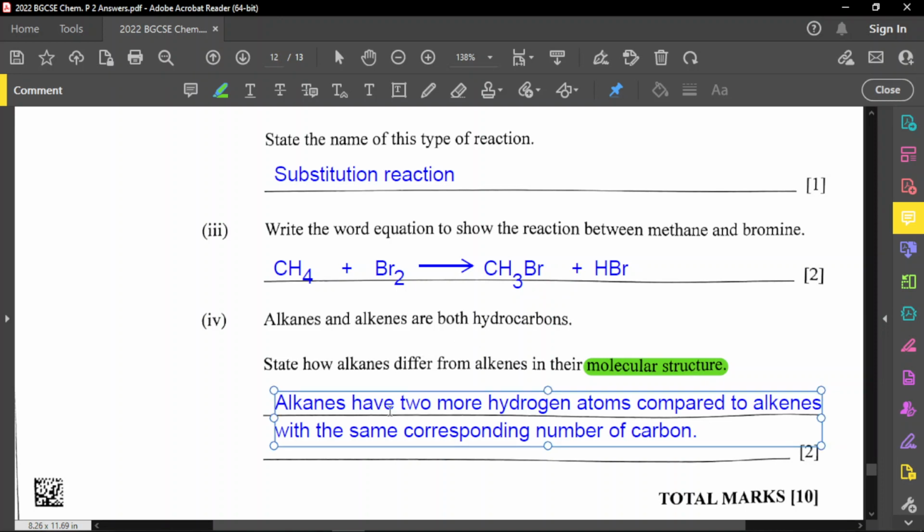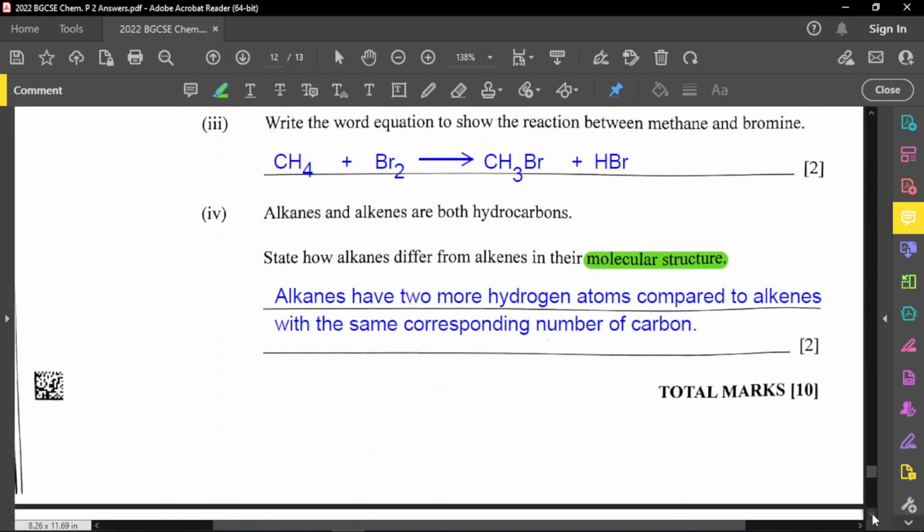And so alkanes will have 2 more hydrogen atoms compared to alkenes with the same corresponding number of carbon. And what that simply means, remember in the formula, because alkanes are CnH2n+2, while alkene will just be CnH2n. So therefore, there are always 2 extra hydrogen for alkanes for the same number of carbon in terms of alkenes.